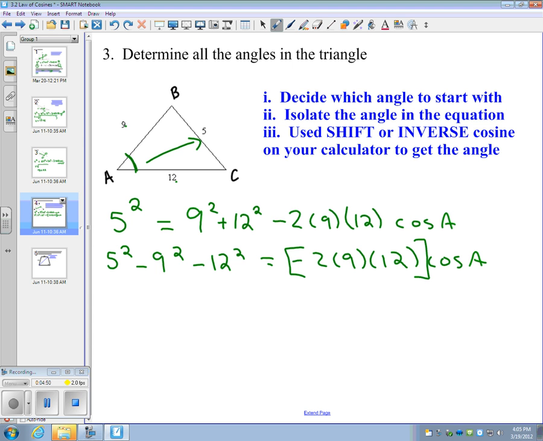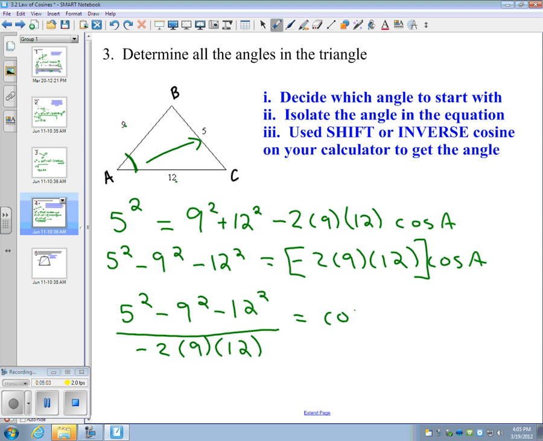So I go 5 squared minus 9 squared minus 12 squared, all divided by negative 2 times 9 times 12, is equal to cos of A. So I've isolated it. Now I need to use inverse cosine to figure out what this is.